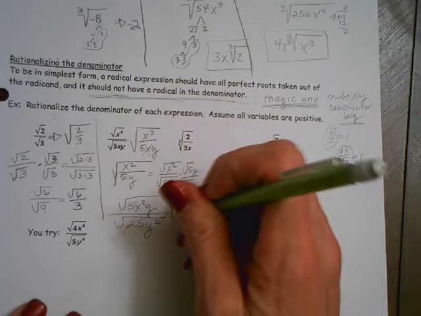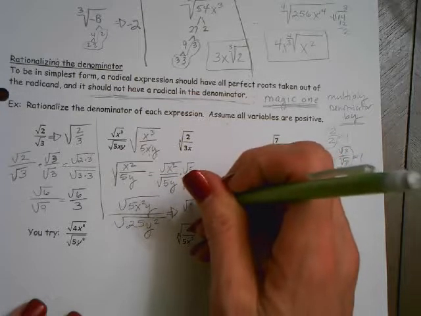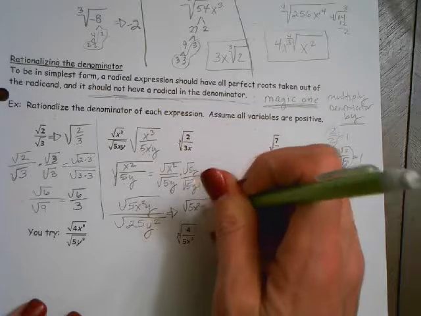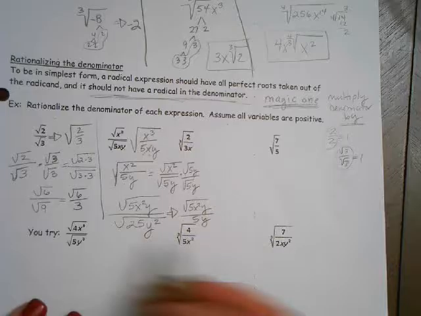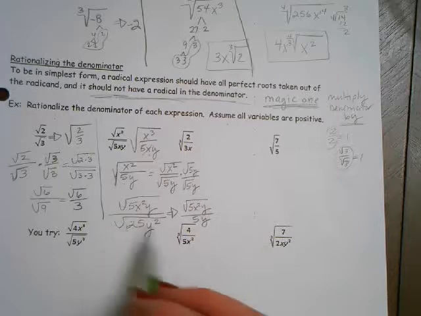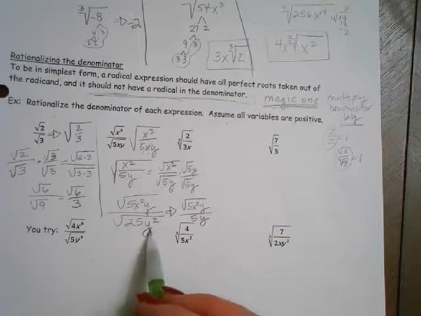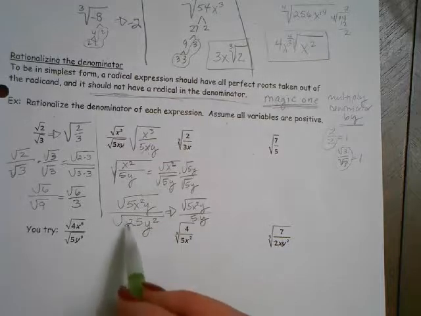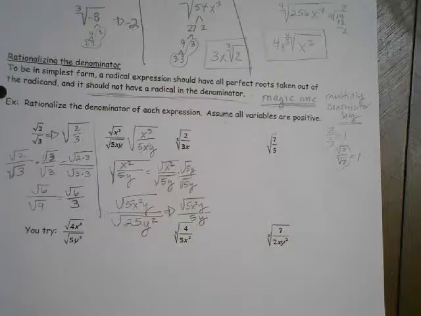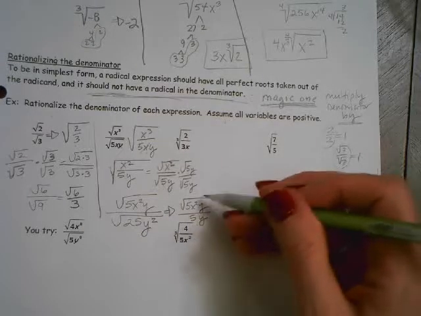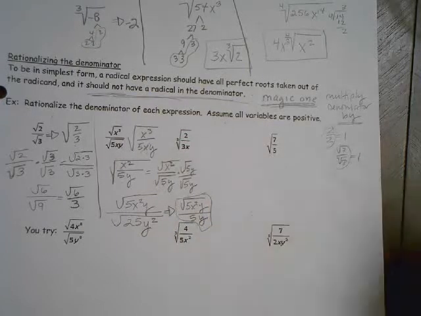So this then becomes simplified as the top stays the same, but then the bottom can be written as 5y. Because the whole point is to create a perfect square here, that allows me to then take the square root of it. So the square root of 25 is 5, and the square root of y squared is y. So now I can reduce it, and that would be my final answer.